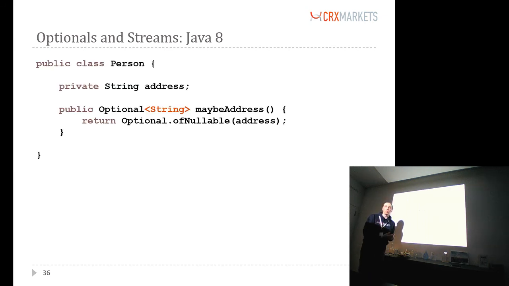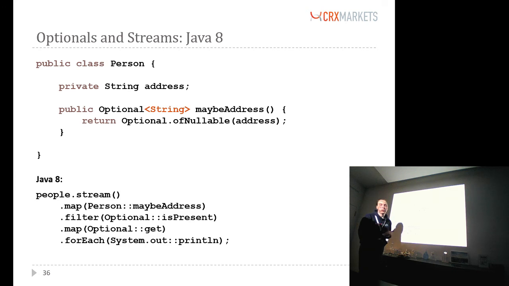Another interesting problem with optionals is that optionals can be thought of as collections, but they cannot be streamed, at least in Java 8. So if we take this class with a field and with a method, maybe address, which returns an optional of this field, and try to, for example, find or print all addresses of people who have addresses, we will have to write this very cluttery code.